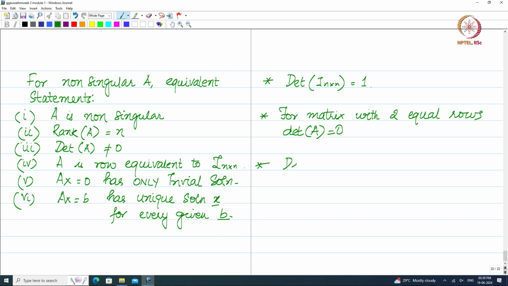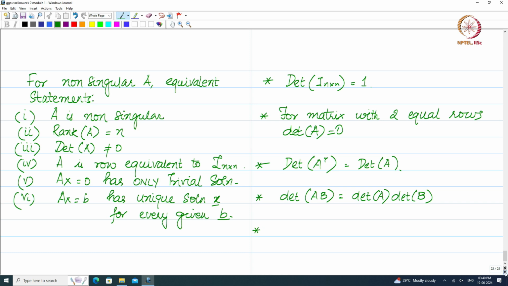Determinant of A transpose is equal to determinant of A. Determinant of the product of two matrices is equal to the product of the determinants. That is, determinant of product AB is equal to determinant of A into determinant of B.